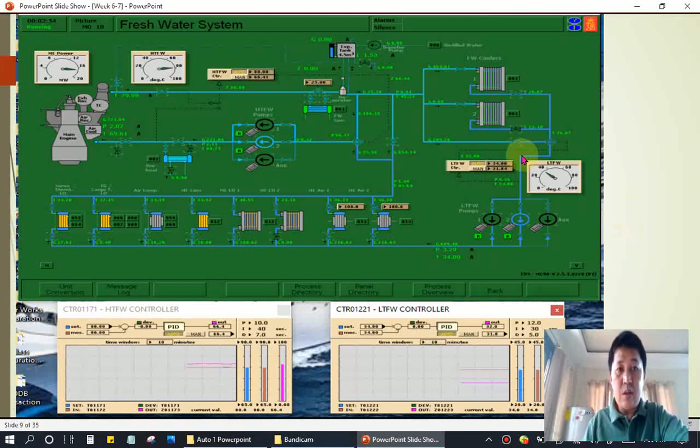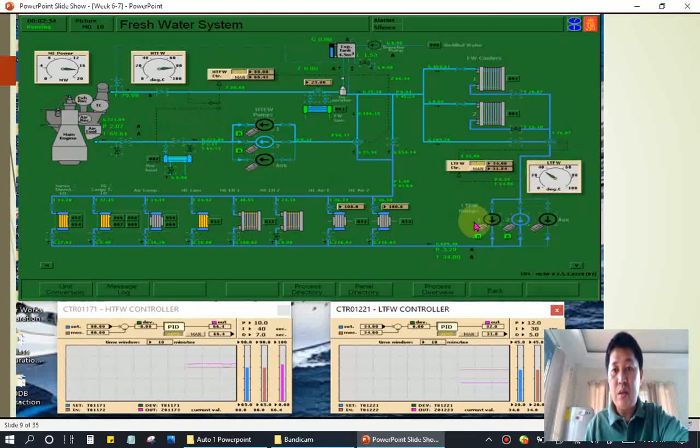So let's say we set the inlet temperature of the high temperature press water of the main engine at between 65 to 70 degrees Celsius. So it maintains the temperature here at the inlet at 65 to 70 degrees Celsius.